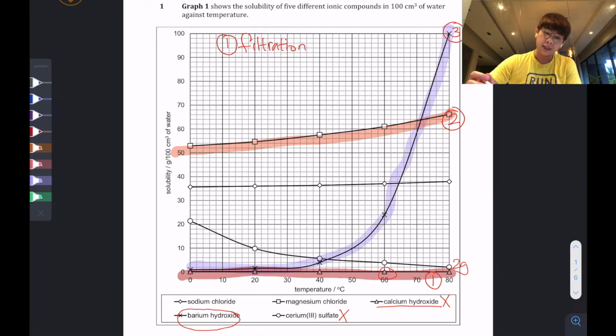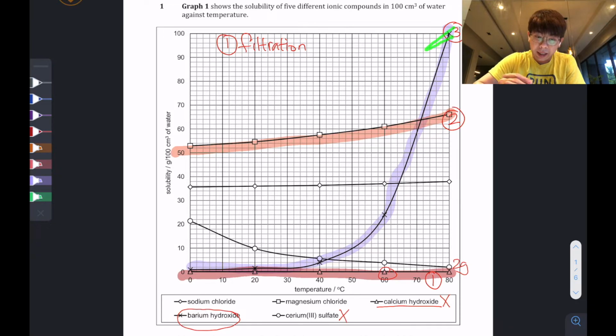Next, you can see that the purple line, number 3, when you dissolve it in water at 25 degrees, also cannot dissolve very well. So before I do the filtration, I need to add water to make sure that number 3 and number 2 dissolve. What temperature water should I use?